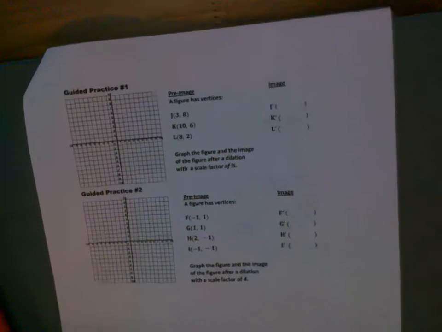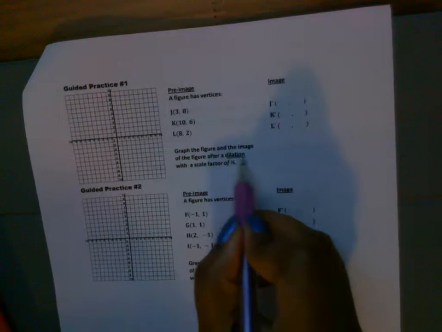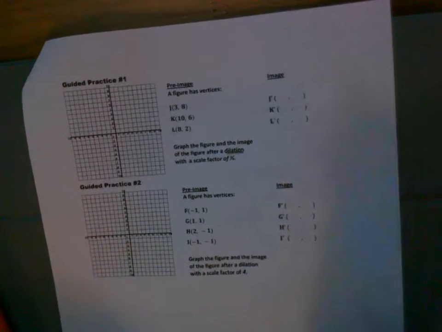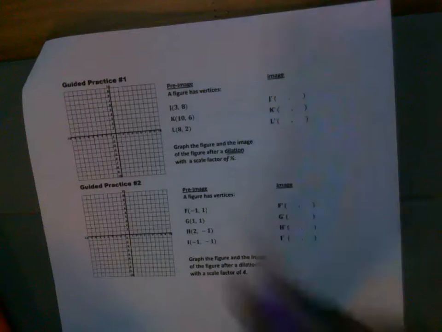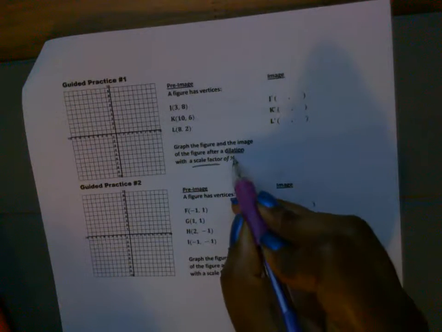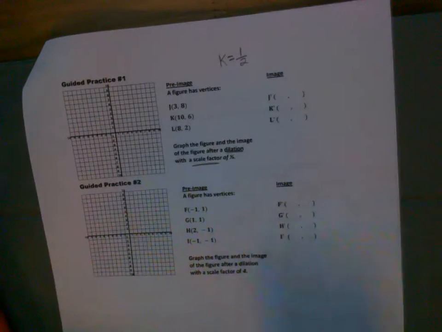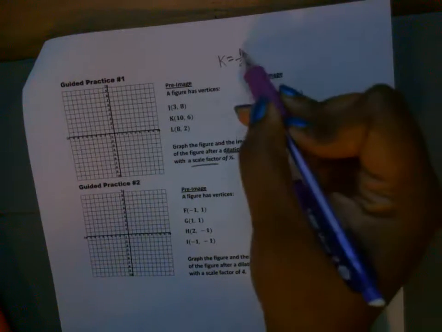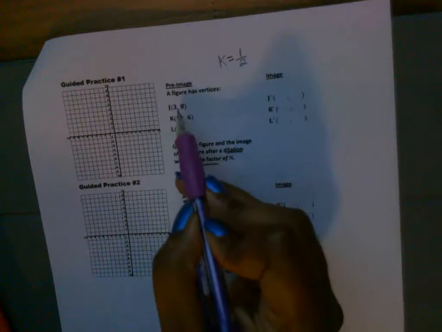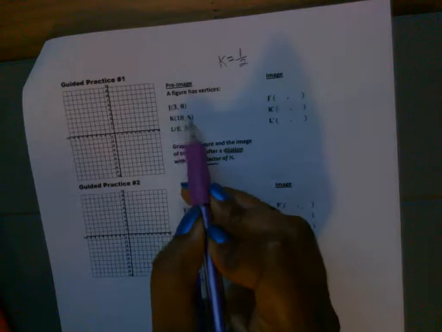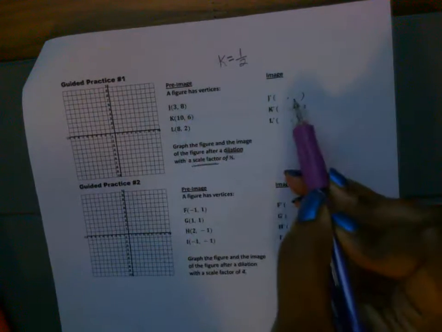The last is asking you to do dilation. If it's telling you to dilate, it's always going to give you a scale factor. Since the scale factor is 1/2, K is equal to 1/2. All that means is you're taking your 1/2 and multiplying it by all of the numbers to get your image.